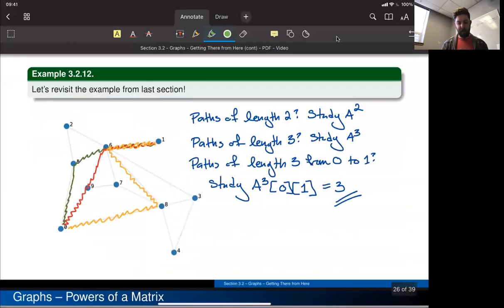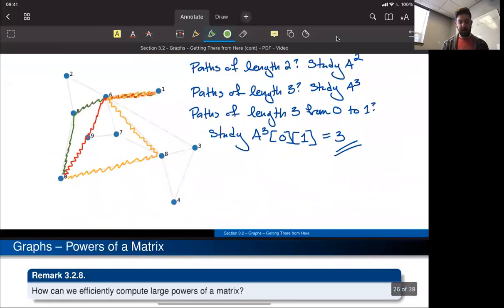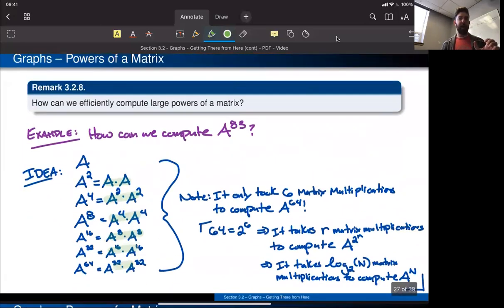In our matrix there were 10 vertices, so each of those multiplications required 1,000 multiplications. We have to do this 6 times, so in total, to compute A to the 83rd power, I had to do 6,000 pieces of multiplication, which a computer is going to do in a snap.